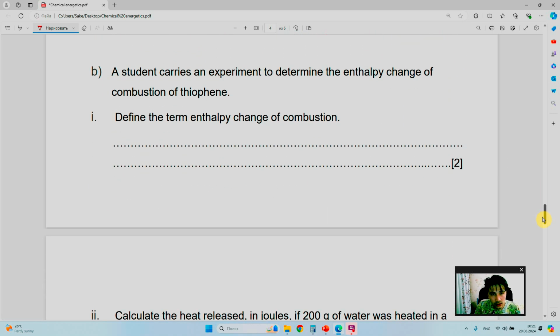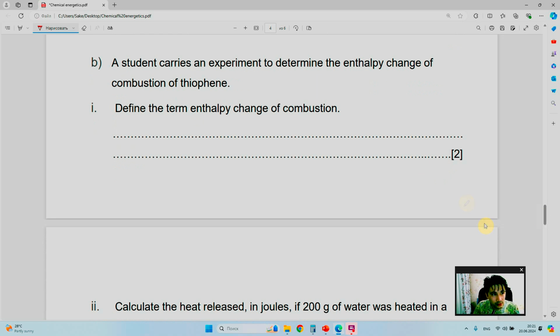Alright, student carried out this experiment, and again, some definitions. There are 2 marks for that definition. So enthalpy change of combustion according to lots of resources, it's an enthalpy change when 1 mole of substance. So this is a bullet point.